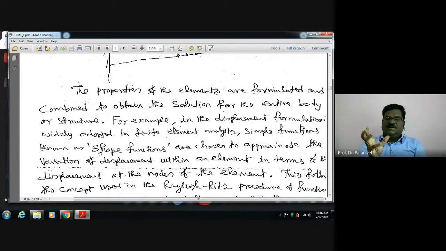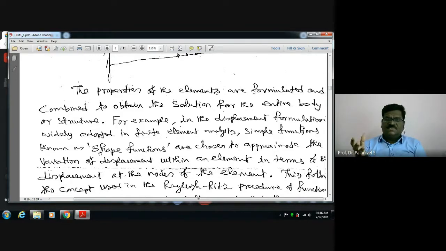There's an element in which the displacement varies, it deforms, the deformation varies in the element in some direction, right? That is called field variable. Here the field variable is displacement. So in most of the finite element analysis we deal with the variation of such a displacement.